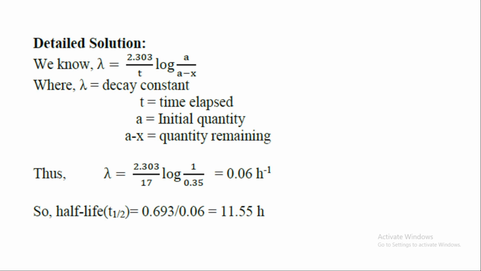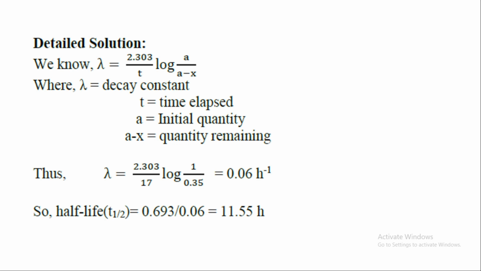So if you see, n is equal to n0 e raised to the power of minus lambda t, right? If you take the n0 towards left hand side, it will be n divided by n0 is equal to e raised to the power of minus lambda t. Then if you take log both sides, so it will be log n by n0 is equal to log e raised to the power of minus lambda t.